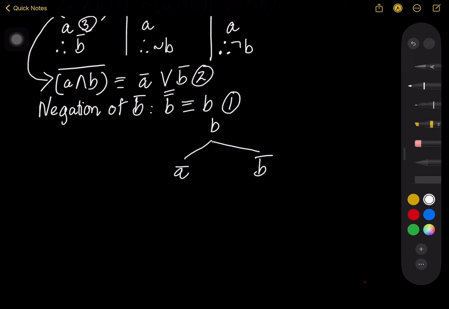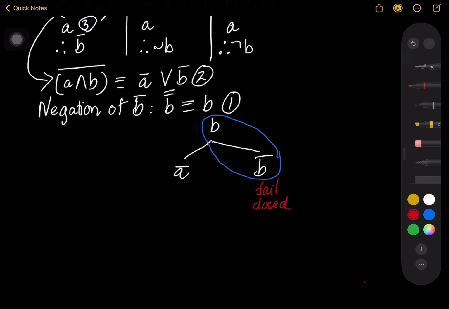Okay, there is the contradiction over here: not B and also B. So this branch contains both B and a negation of B. So what do we say? It failed, and therefore it is closed.